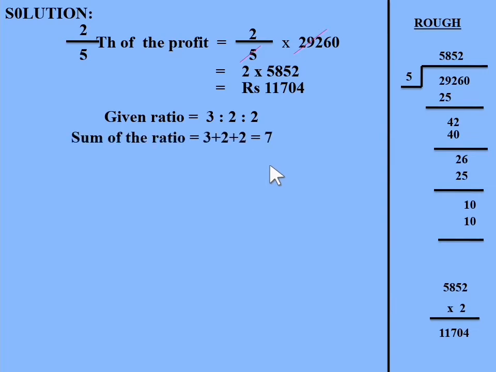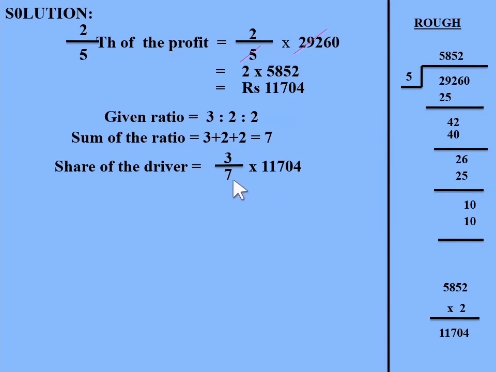So for the sum of the ratio, we have to add them. 3 plus 2 plus 2, we get 7. Now the share of the driver. In order to find the share of the driver, we have to divide 3 by the sum of the ratio and multiply it by 11,704.